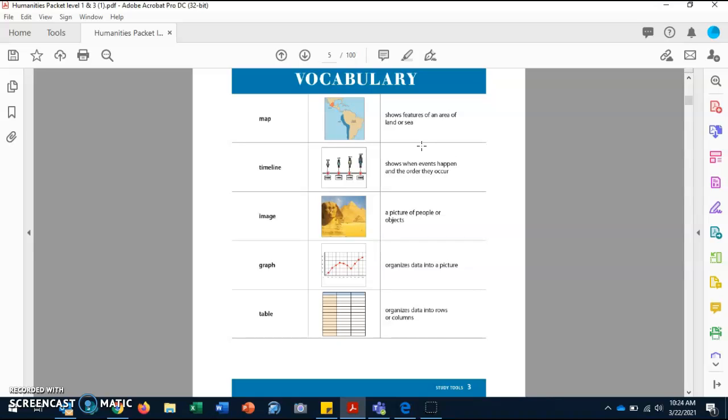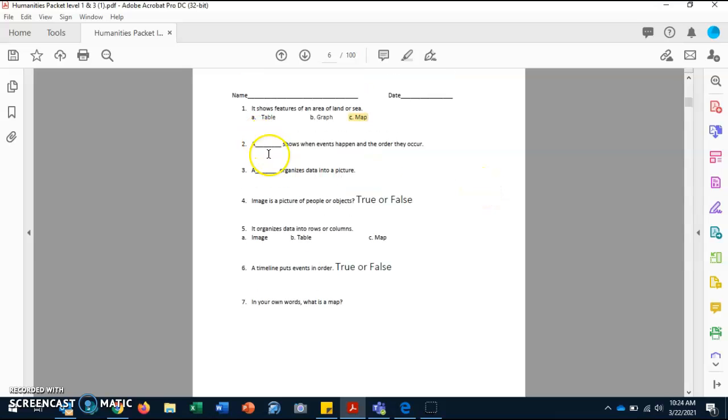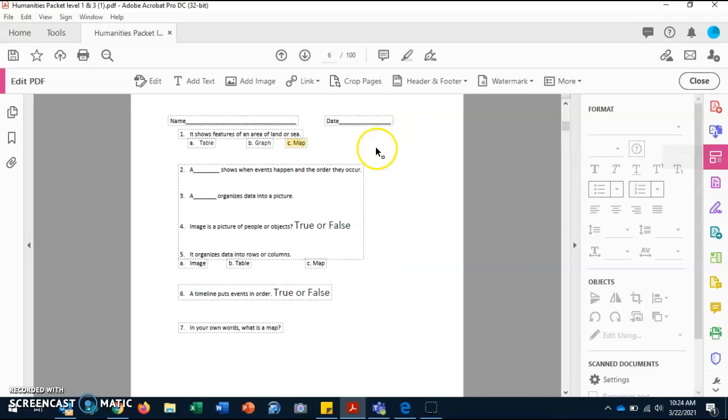Good job, boys. It's timeline. A timeline shows us when events happen and the order they occur. So I'm going to write it here at the bottom just because I don't think it will fit right here. But our answer for question number 2 is timeline.